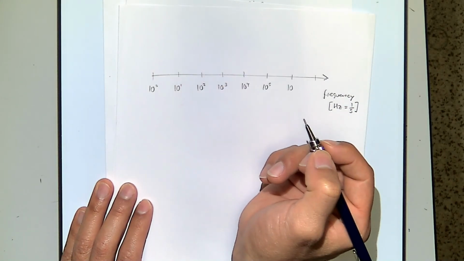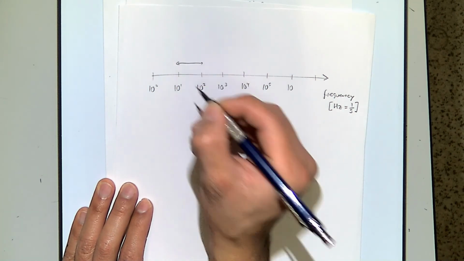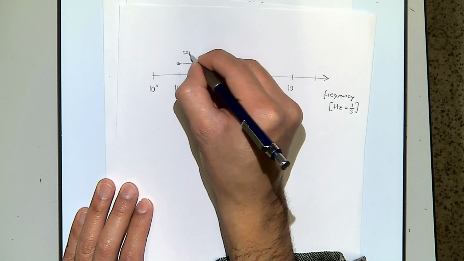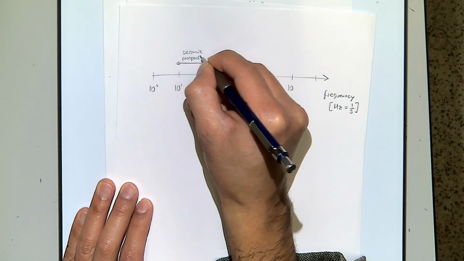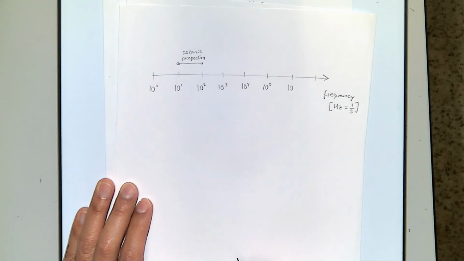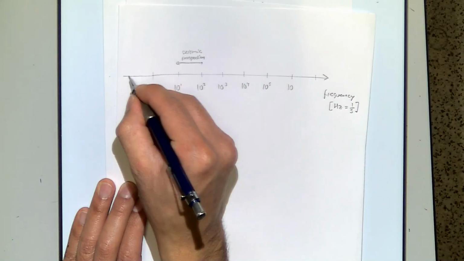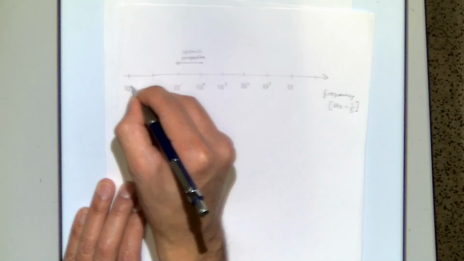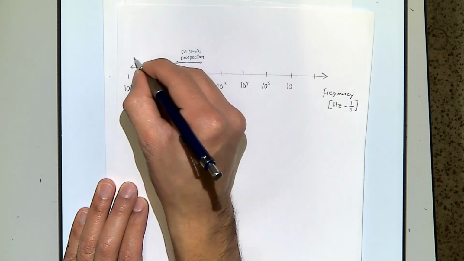And what about natural earthquakes? The dominant part is lower. For microseismicity and such, you can get down to about 0.1 hertz. So let's say earthquakes are somewhere over there.